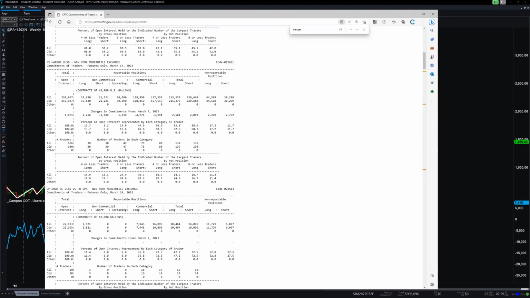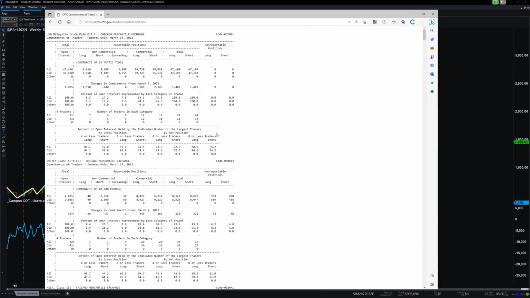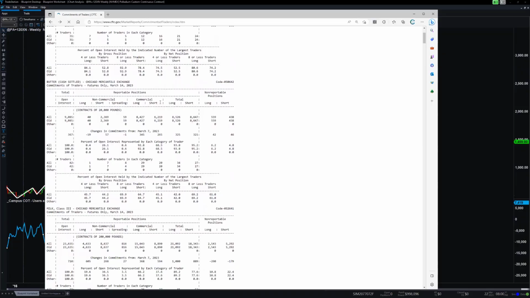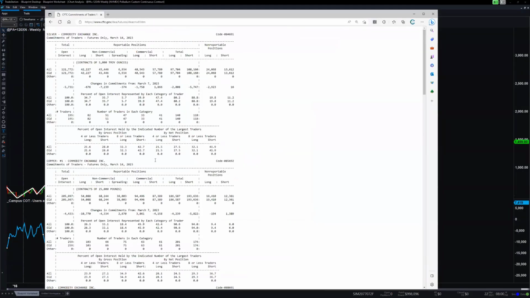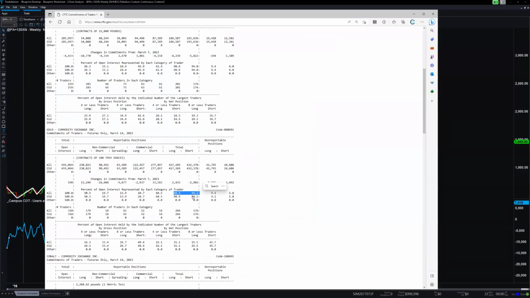And if we were to look at gold, there's 200 traders here, and here there were a lot more. So there's between 200 and 400 participants. So there's a lot of participants.